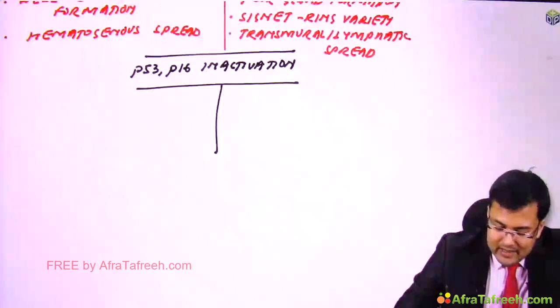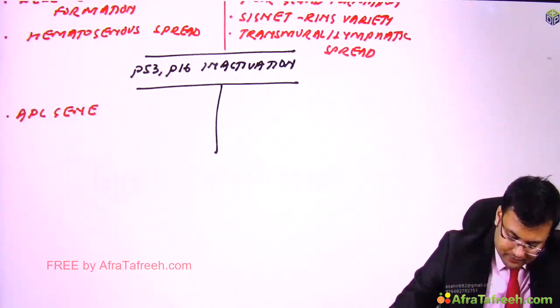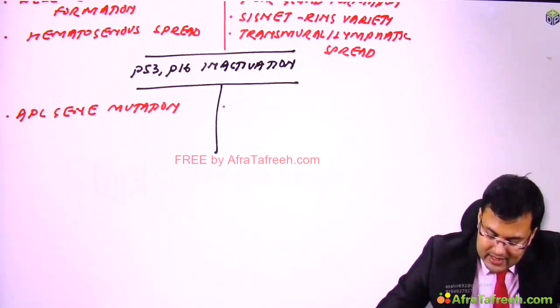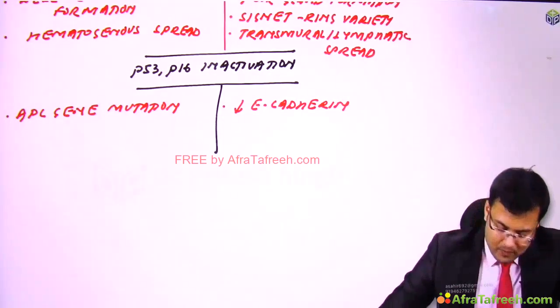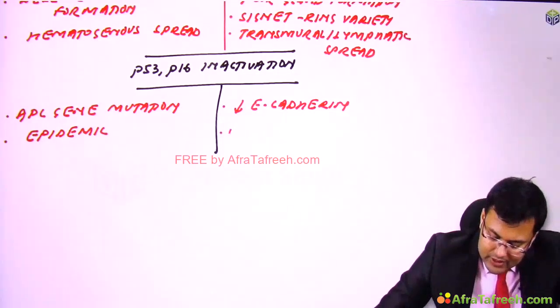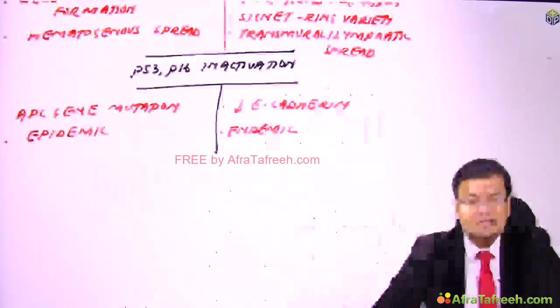In intestinal variety there is APC gene mutation, whereas in this case there is decreased E-cadherin. This one is epidemic, means it is scattered, and this one is endemic. So these are the differences between intestinal and diffuse variety. Now in detail we are going to discuss the carcinoma stomach.